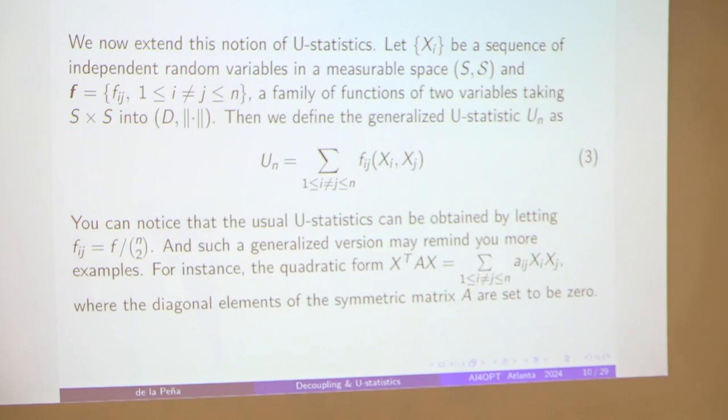They needed a bound on the moments of the quadratic form, and the bound was a decoupling bound. I'll show you the inequality. So anyway, that's an application: matrix completion. That's a paper of Candès and Recht, and in their paper they use the decoupling inequality.